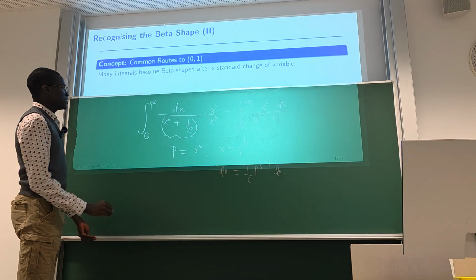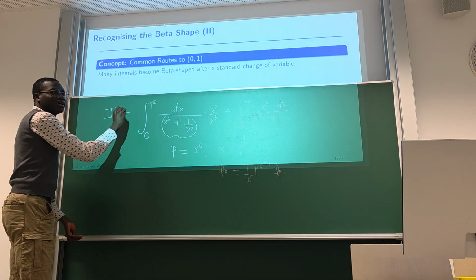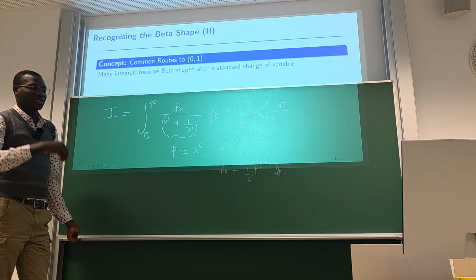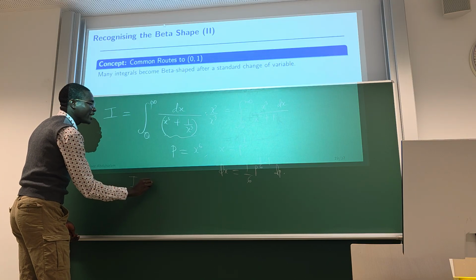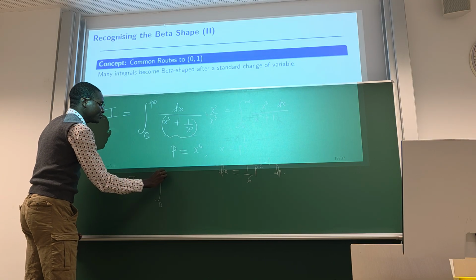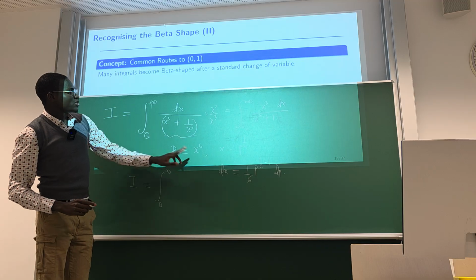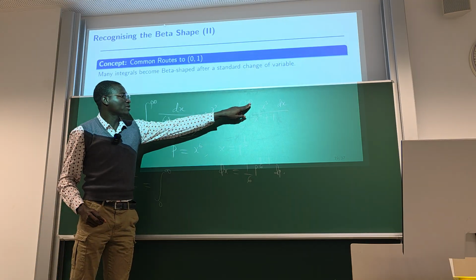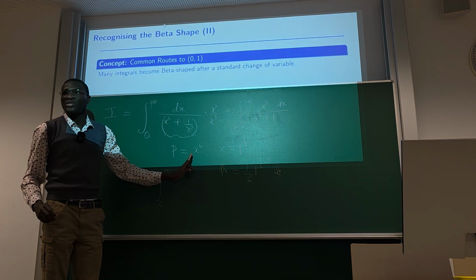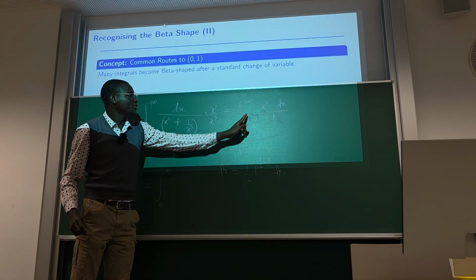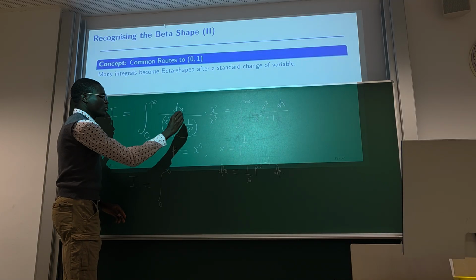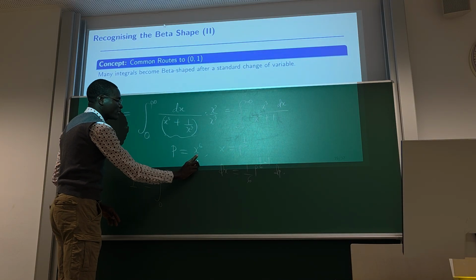Very simple. Let's just call this integral I, as we usually do. So we would have I to be, well, the integration limits would stay the same because when x goes to infinity, p goes to infinity. When x is 0, p is 0. So we would have this, and p now is this.